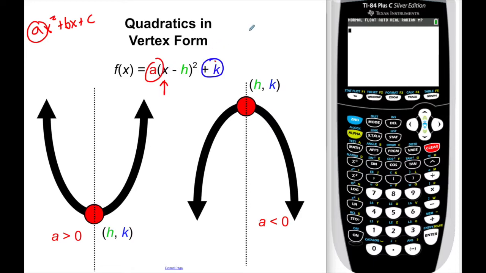So think about if a was positive. For example, if we had (x minus 2) squared plus 3, it's some quantity that's being added to 3. Now, what's the smallest thing that you're going to be able to add to 3?